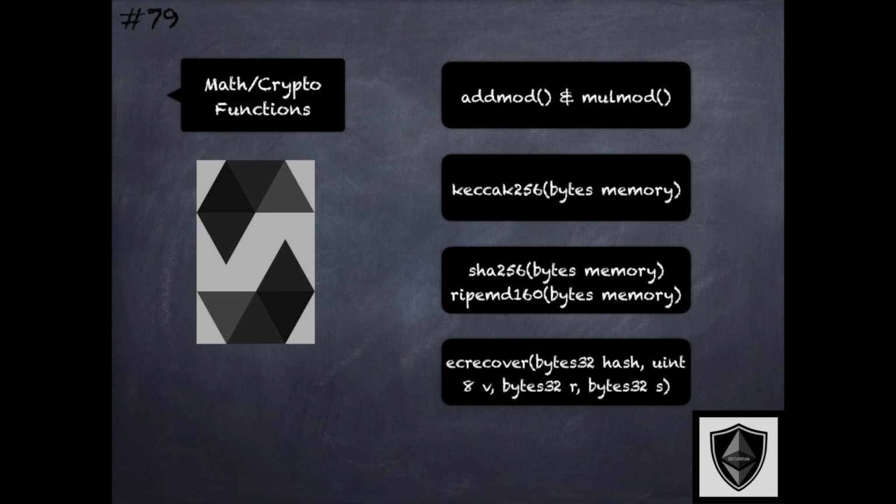This is used in various smart contracts, again, to recover the address and use it for different types of logic within smart contracts. This has a security implication, which we will talk about in the next slide.